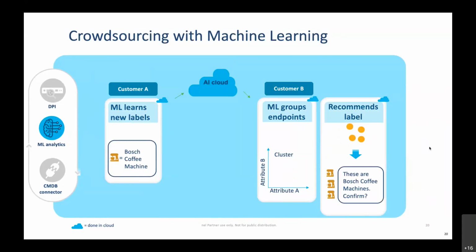And at this point, of course, the user can confirm, yes, these are Bosch coffee machines, or no, they are not. And at that point, again, that same process will repeat where the user would teach and label the endpoints themselves. So again, I alluded to crowdsourcing earlier on in the presentation as one of the things that are very unique to endpoint analytics.